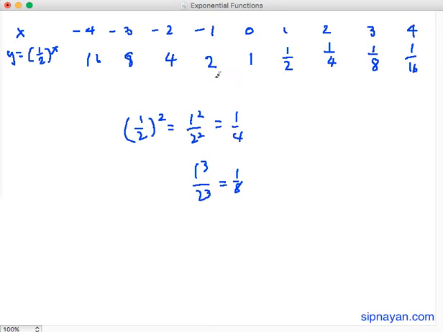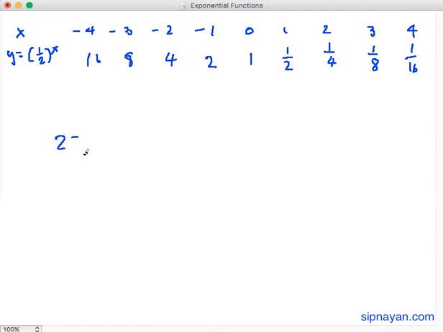Now, alam natin that pag pareho ng exponent at saka yung isa negative of the other, siya ay reciprocal lang. For example, ano ba yung pagkakaiba ng 2 to the first power tsaka 2 to the negative 1? So, ang 2 to the negative 1 is the reciprocal of 2 to the first power.